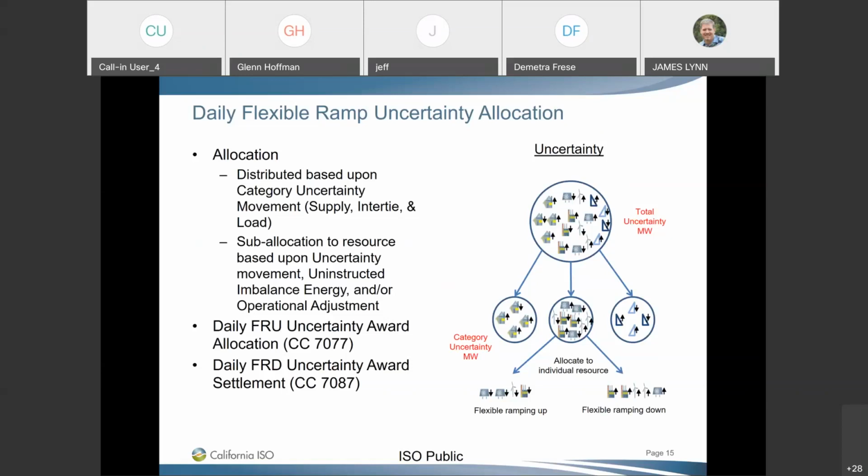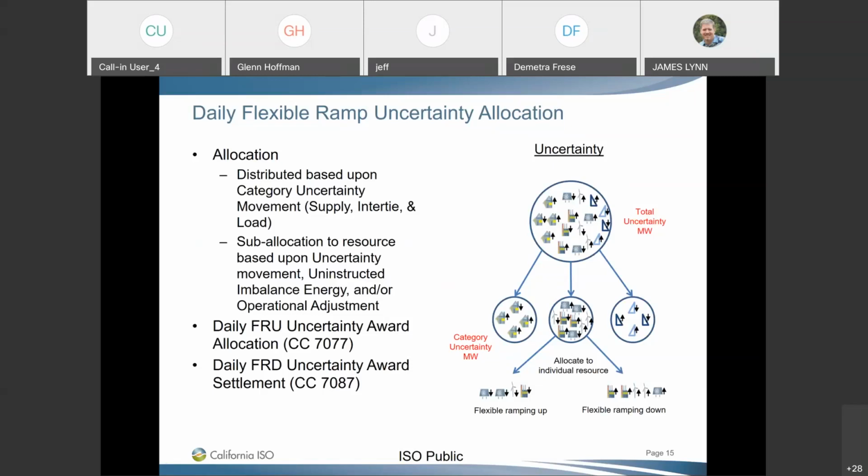And it's based on historically, what was the uncertainty? We determine how much of the uncertainty requirement is associated with supply changes, intertie changes, and load deviation. And we will calculate what that percentage is for up as well as down.